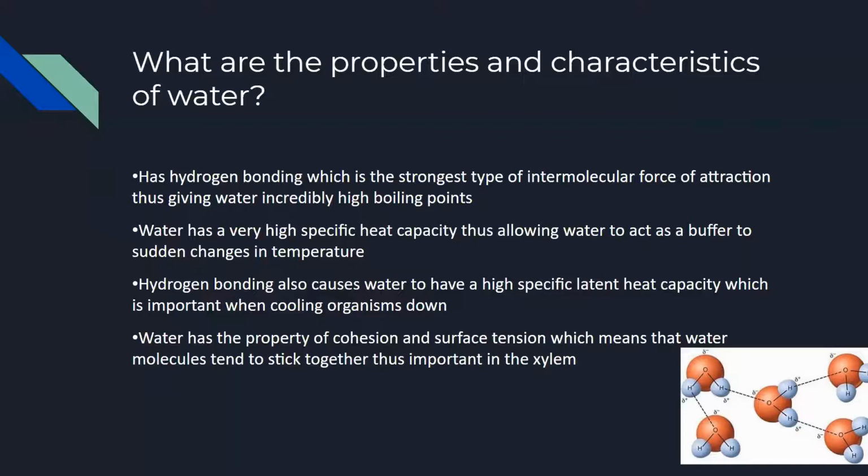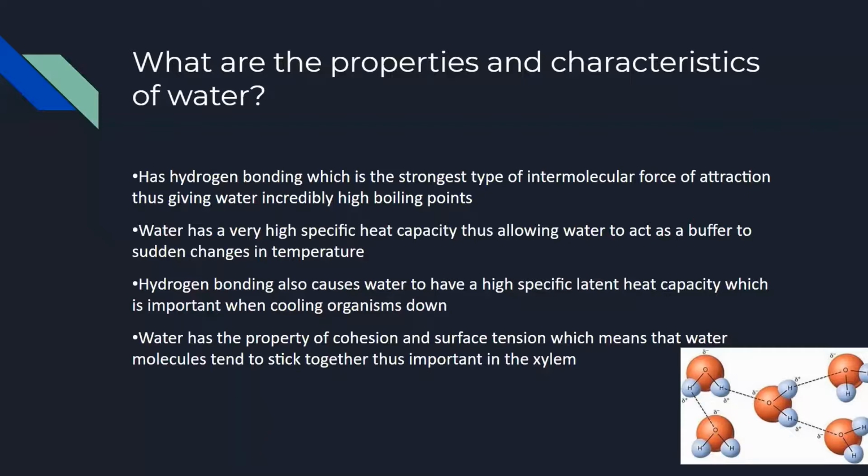Water also has a very high specific heat capacity, which is the amount of energy required in order to raise the temperature of, let's say, 1 kilogram of a substance by 1 degree, therefore allowing water to act as an important buffer solution which resists changes in temperature. Hydrogen bonding also causes the water to have a high specific latent heat capacity, which is important when cooling organisms down. And this is important, for example, when we sweat.